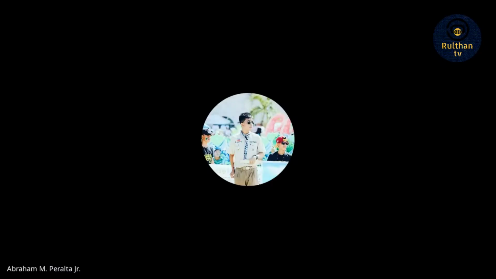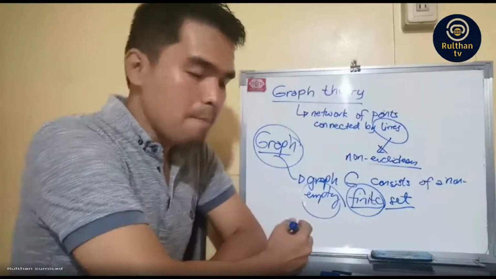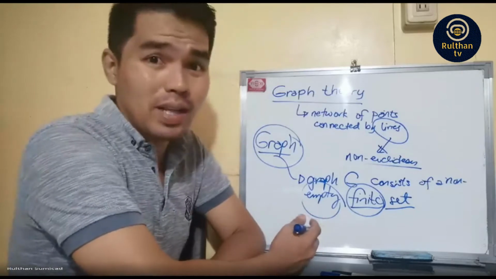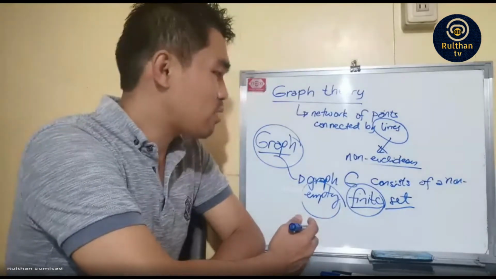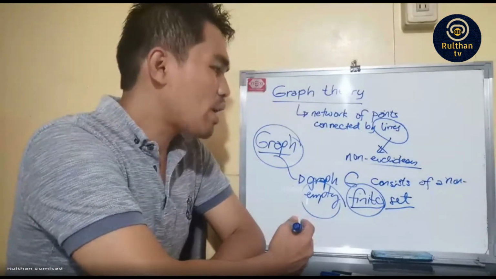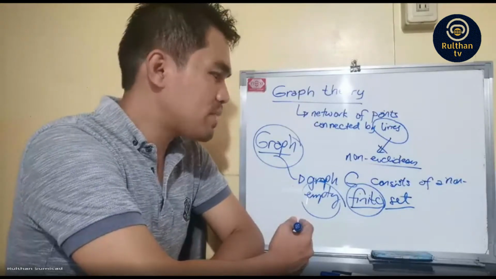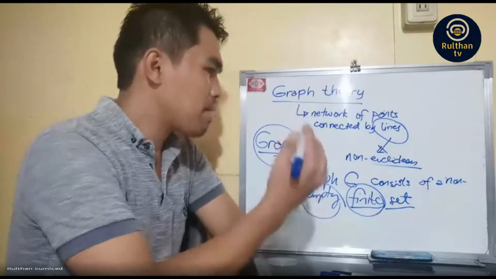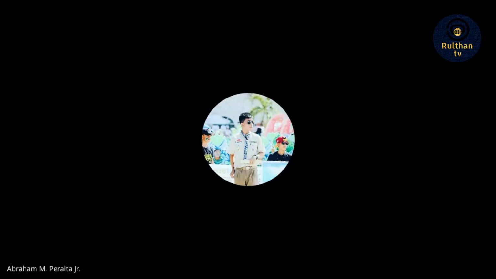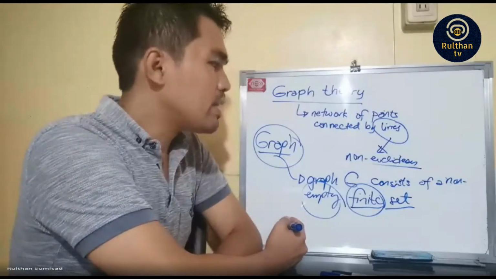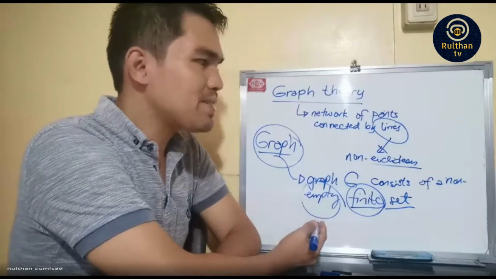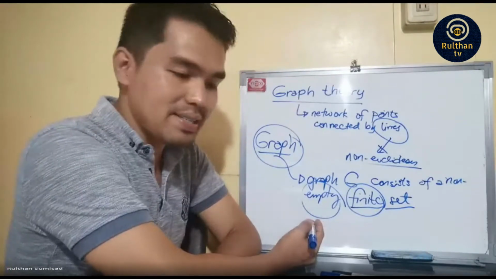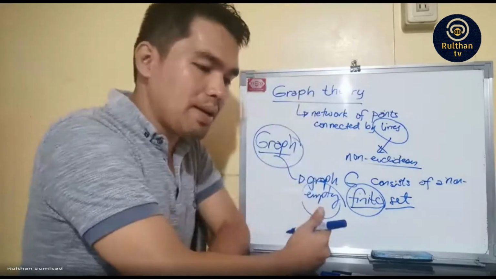When you say finite, it's limited. And set, of course, is a collection of well-defined objects. So in this case, we're talking of a collection of well-defined objects, such as the points and the lines that make a graph. So that is a graph. Graph G consists of a non-empty finite set of the following.